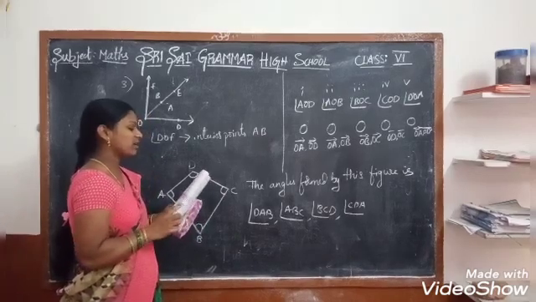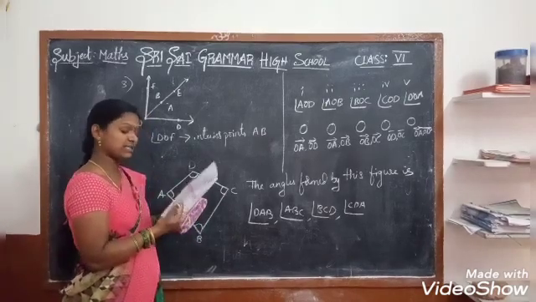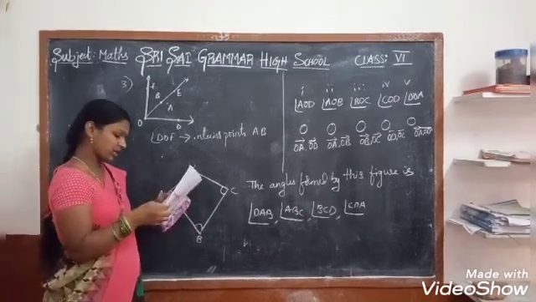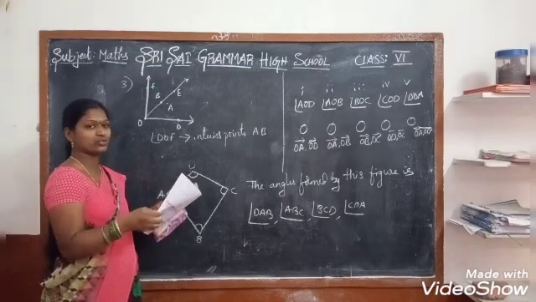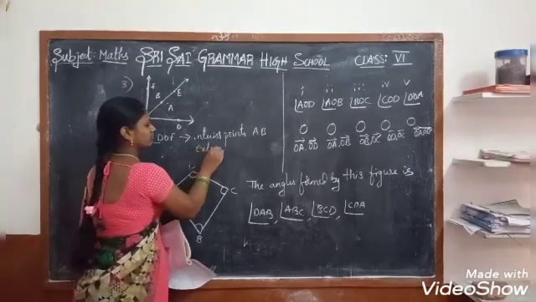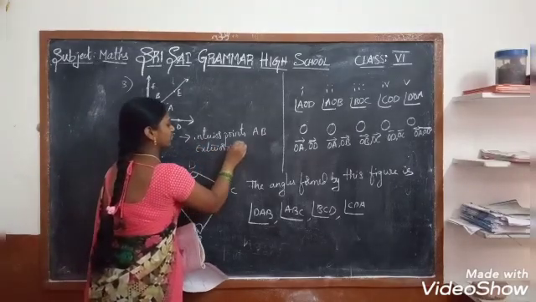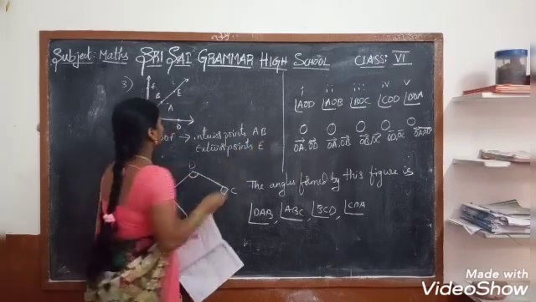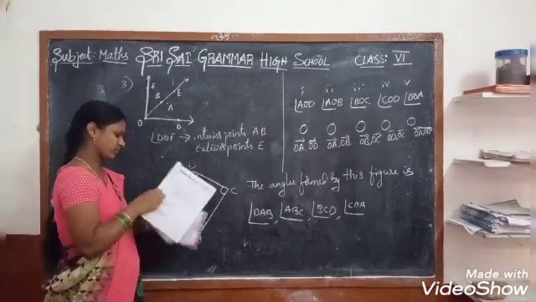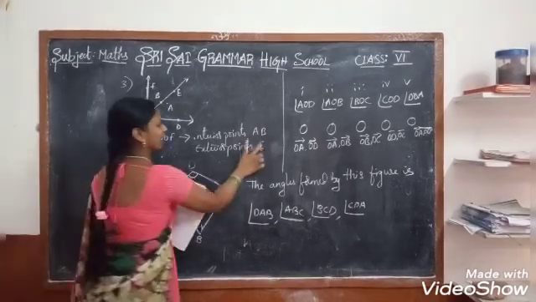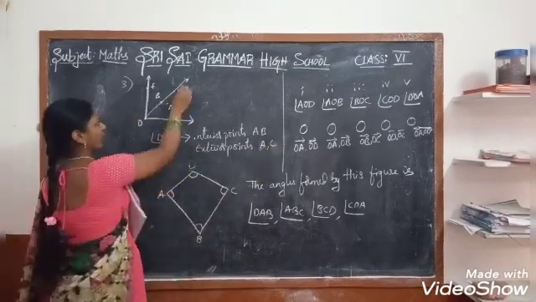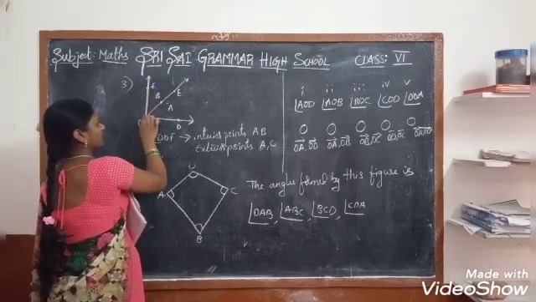And now AC is in the exterior of angle EOF. Exterior points we have to show. What are the exterior points they have given? Exterior points are A and C on angle EOF.